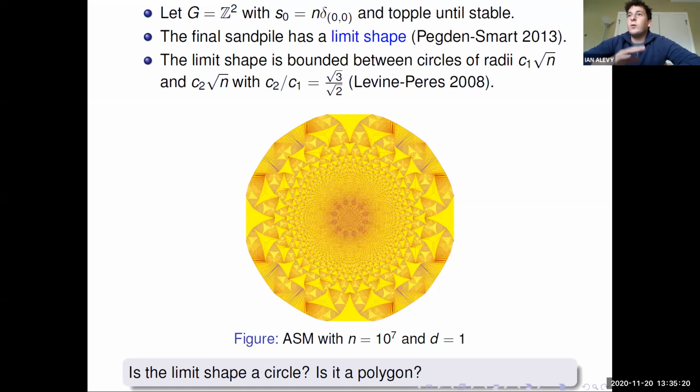So the question is, what is the limit shape? Is it a circle? From simulations, it looks like it's not, but no one knows. Conjecturally, people think it's a polygon. I just want to mention that this is a fairly large simulation. I'm using 10 to the 7th chips.